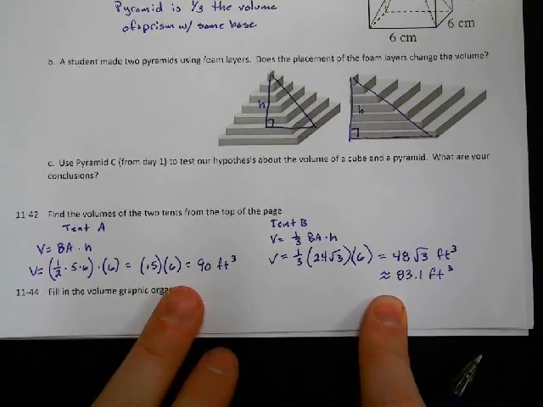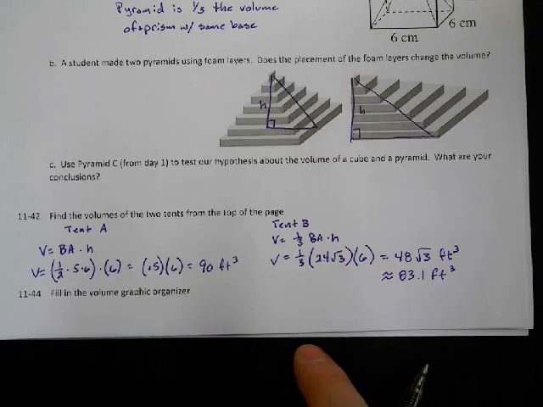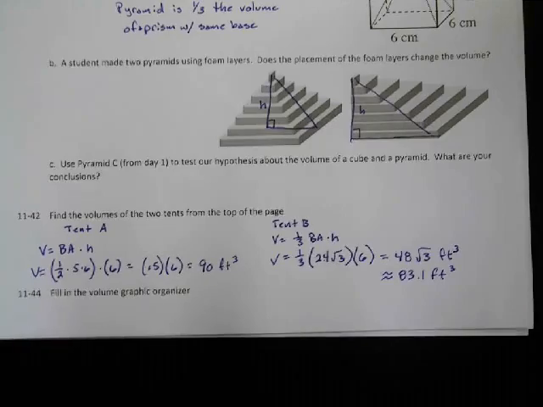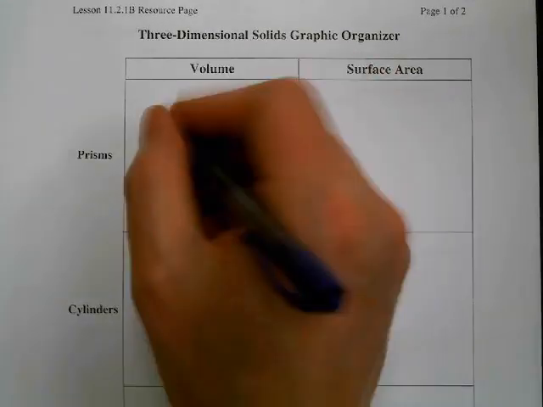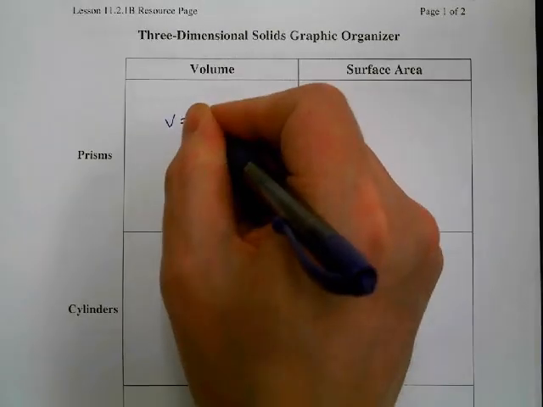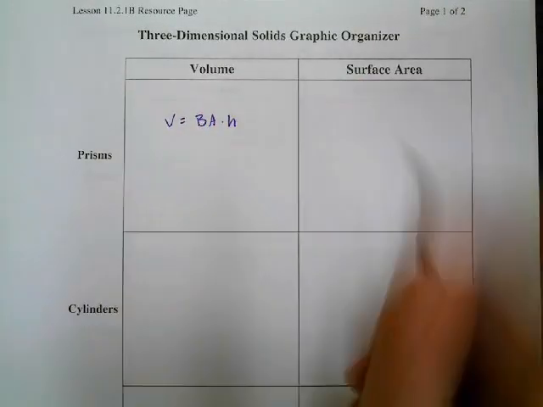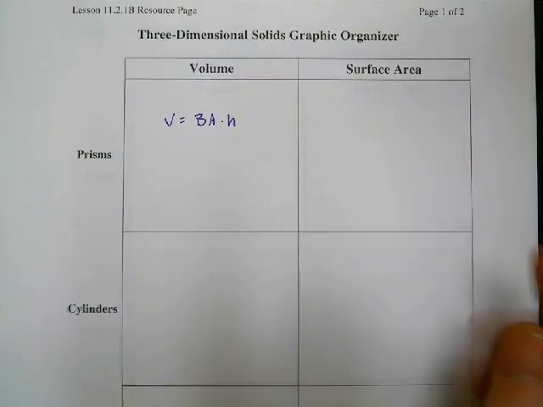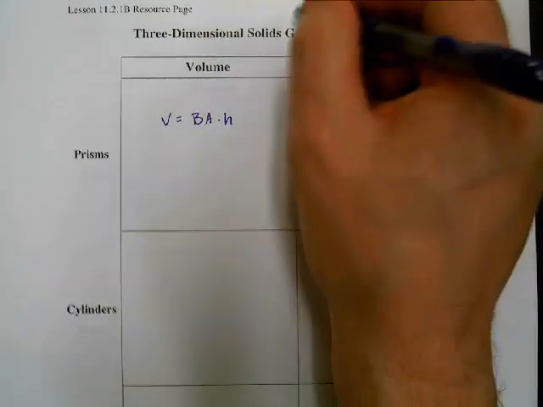So there we go. All right, now we're supposed to fill in a graphic organizer. So, prisms. We said the volume was base area times the height. The surface area in a prism. Remember here we've got a prism.